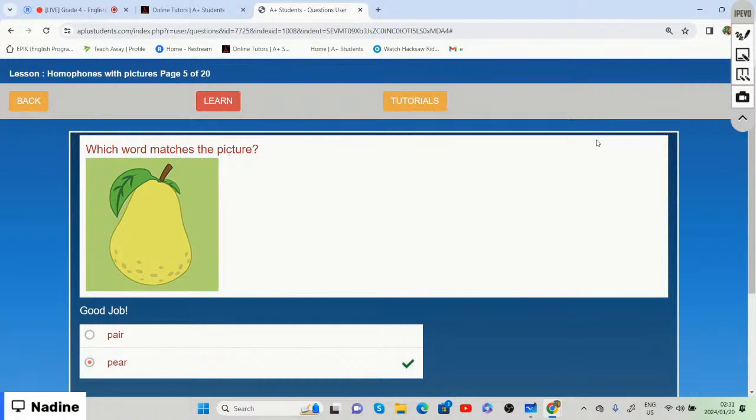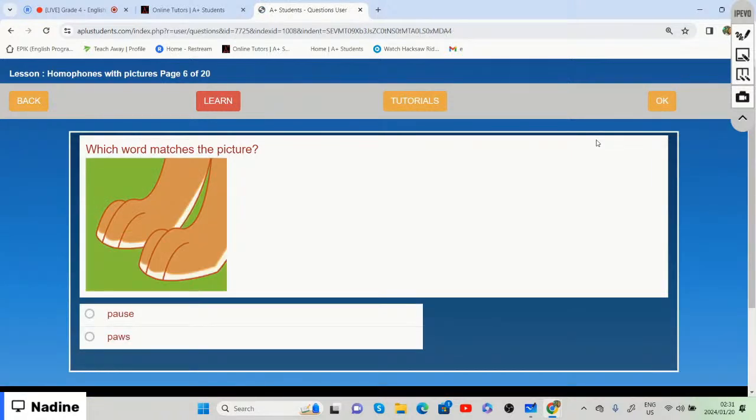And pear is correct. So which word matches the picture? Is it paws or pause?